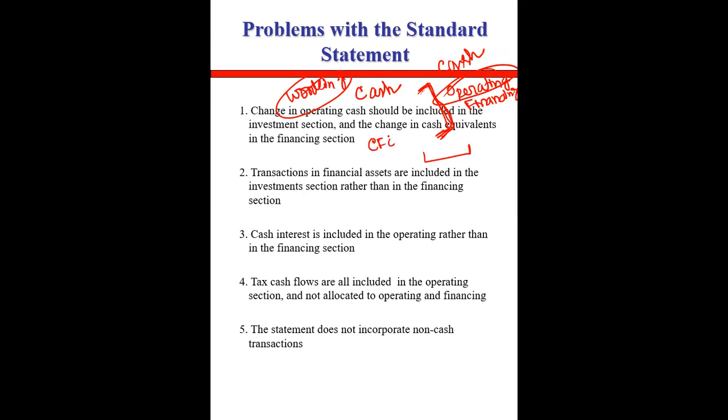Cash flow from operations, cash flow from investment, cash flow from financing. In which part should it be reflected if we have made any changes in cash for the operation purpose? If we make investment of cash for the working purpose?